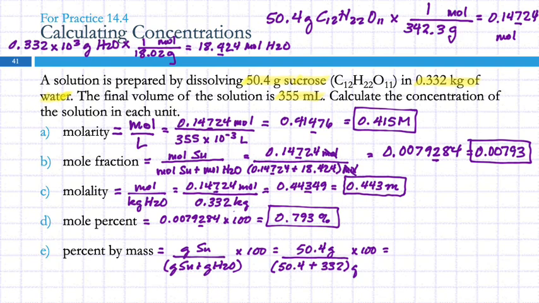So 50.4 divided by 50.4 plus 332 times 100, 13.179%. So we're going to call that 13.2% by mass.